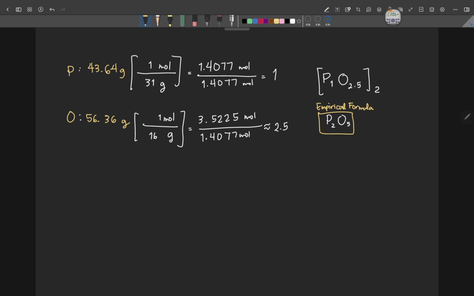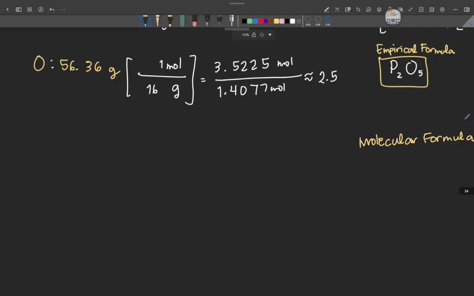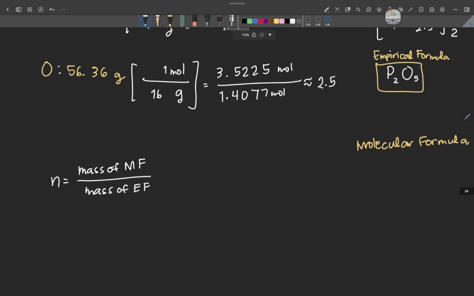So to find a molecular formula, you have to get first the mass of the empirical formula. You'll be needing the N. N is equal to the mass of molecular formula divided by the mass of empirical formula.